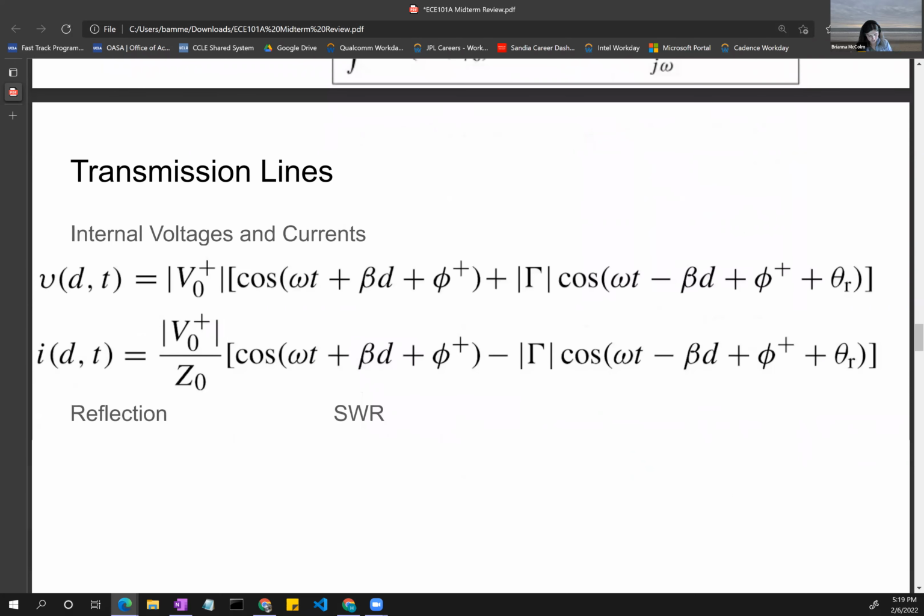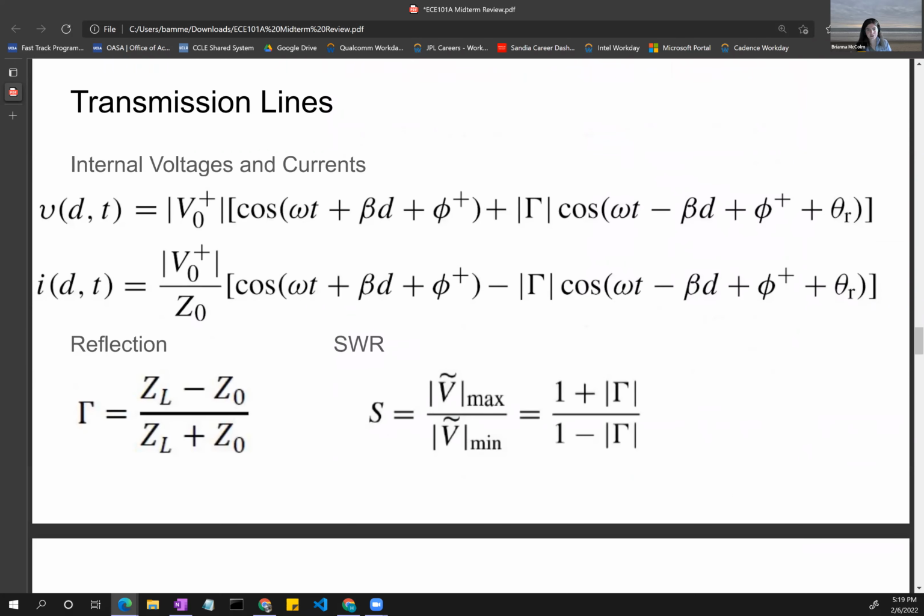Now, transmission lines are where the phasors are applied. In transmission lines, you have these two equations for the internal voltages and currents. And then the reflection coefficient and the standing wave ratio are going to be some important parameters that you'll have to know how to find using a Smith chart. So we'll do an example of that.